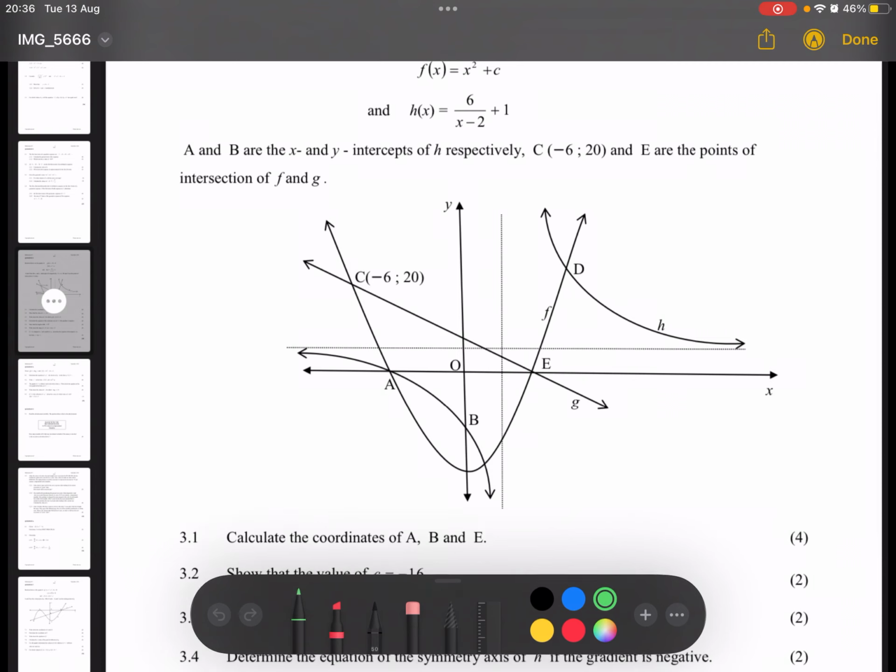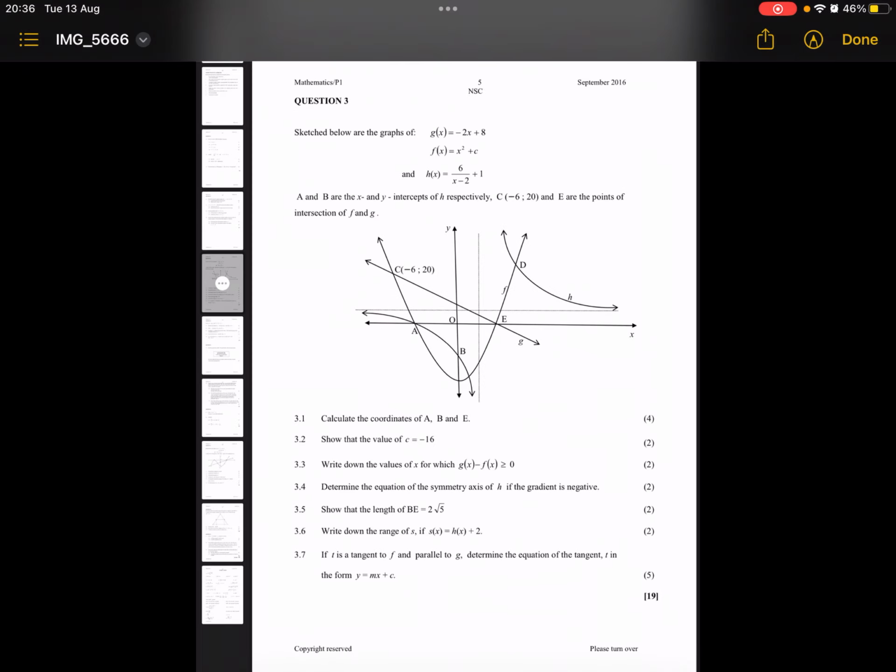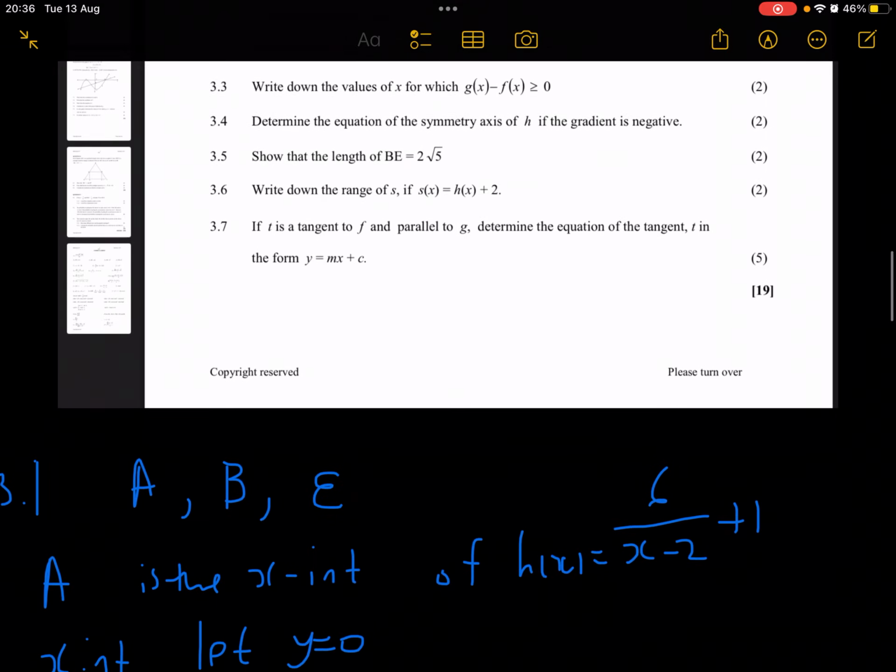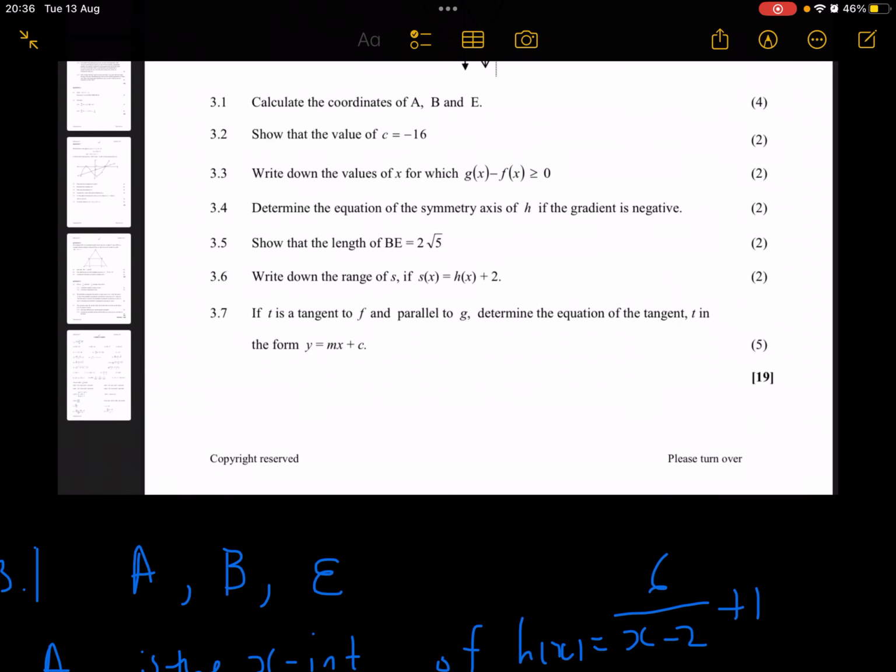A hyperbola will have an axis of symmetry that goes right through this point, whereby this part can be reflected to this part. Okay, I'm going to erase that. So, determine the equation of the symmetry axis of h.